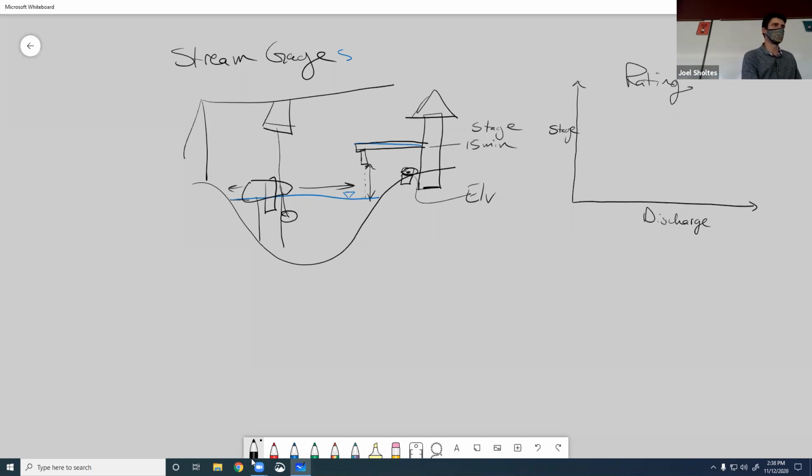And so they take velocity measurements across the channel. They know the depth of the water because they know the cross-section shape, or maybe they measure the cross-section shape every year because it's going to change. And so if you add up all these velocities and areas, you get the discharge, right?